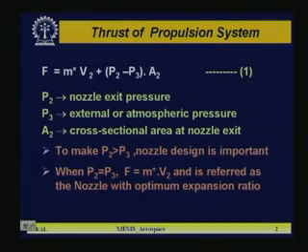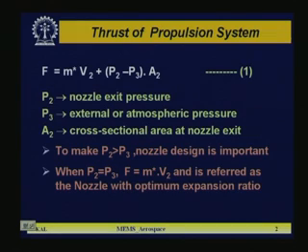So the F is given by m star V2 plus (P2 minus P3) dot A2, where P2 is the nozzle exit pressure, P3 is external or atmospheric pressure, and A2 is the cross sectional area at nozzle exit. So P2 minus P3 is the difference of pressure between the nozzle exit and the atmospheric pressure. So that parameter is going to change with altitude, and because of that total thrust F is going to change.